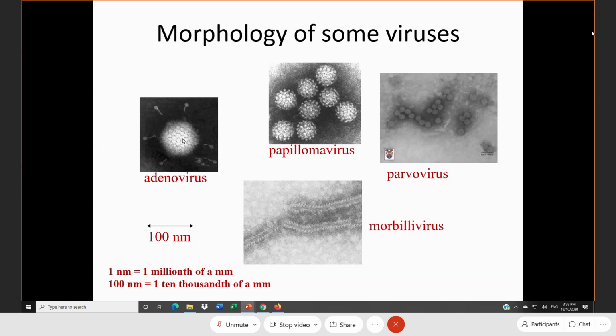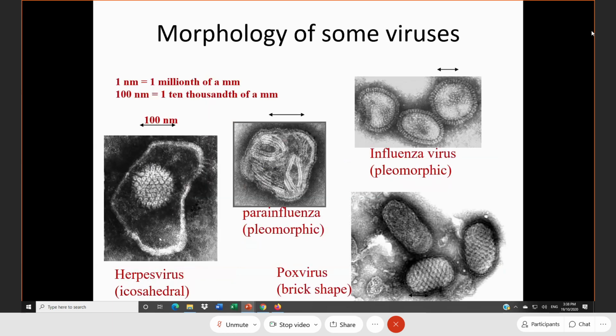So adenovirus, adeno. What is adeno? Adeno means gland. You learn that later, just to expose you. Adeno means gland, meaning that the virus infects glands. Papilloma is the one that causes warts. Another one, the herpes virus here.